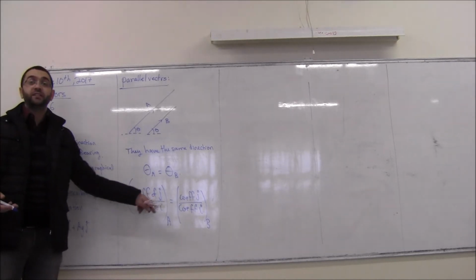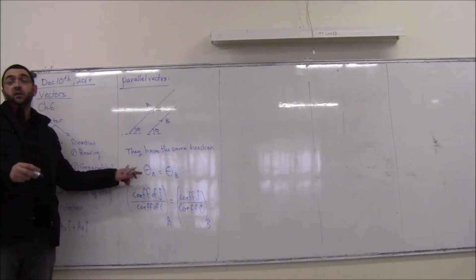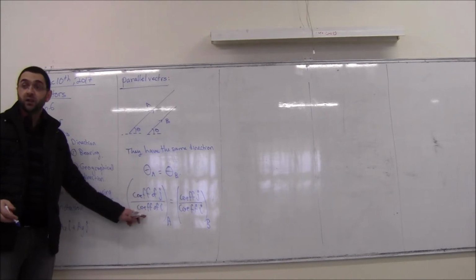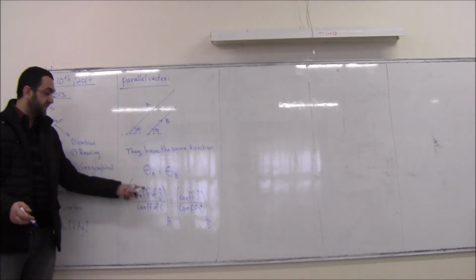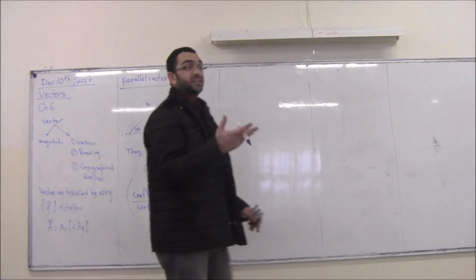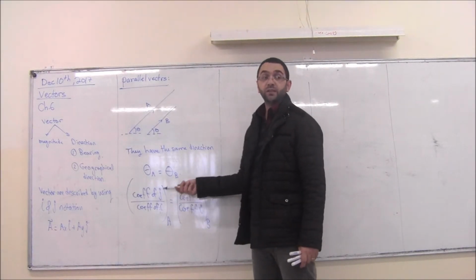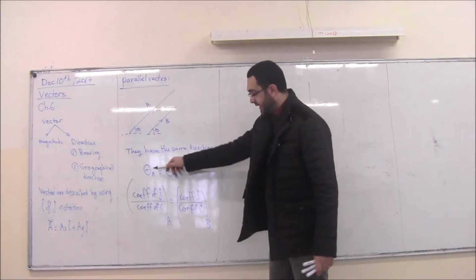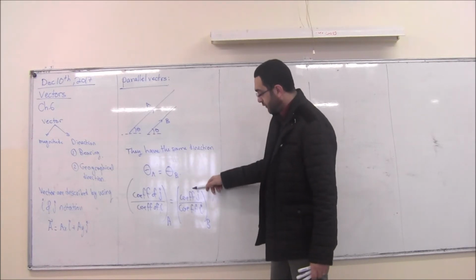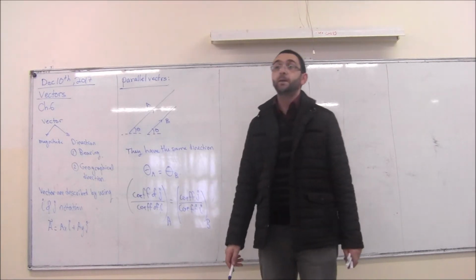Now, the same gradient. What is a gradient? Delta y over delta x, or y over x. In other words, the ratio of the coefficient of j to the coefficient of i for A is equivalent to the ratio for B.